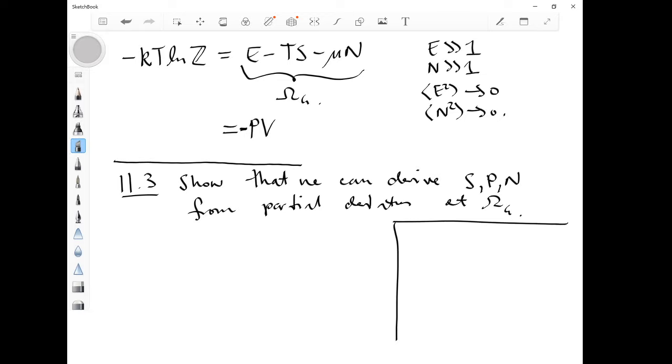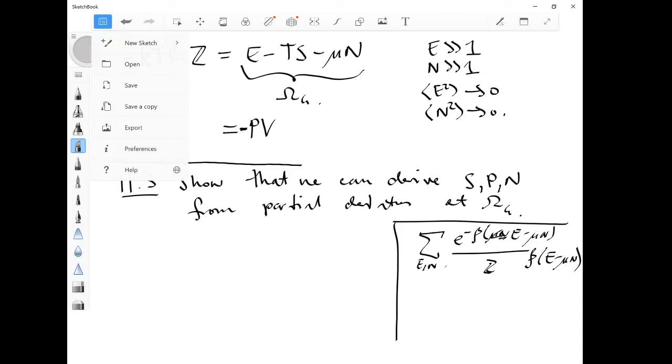We had, let's say for example, e to the minus beta (E minus mu n) all over Z, and this was times beta (E minus mu n). We're summing over E and n essentially.